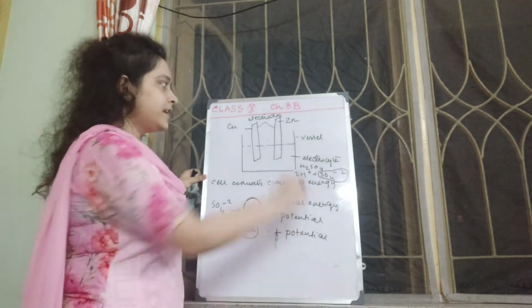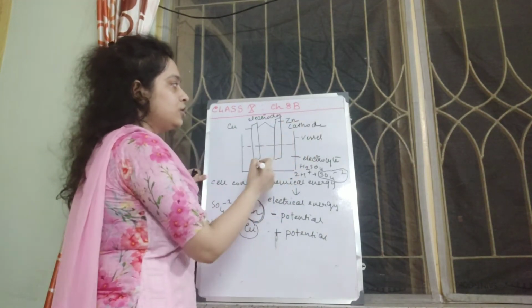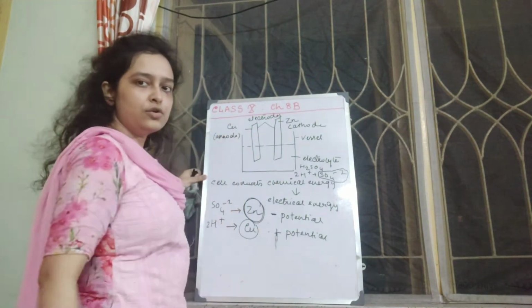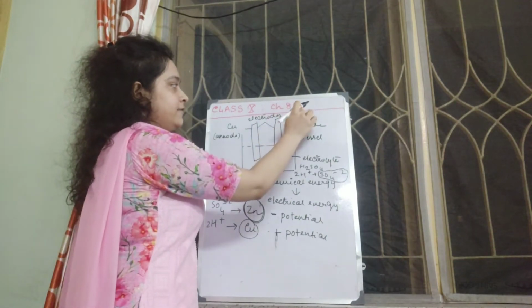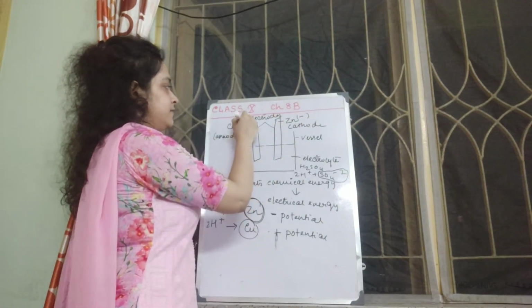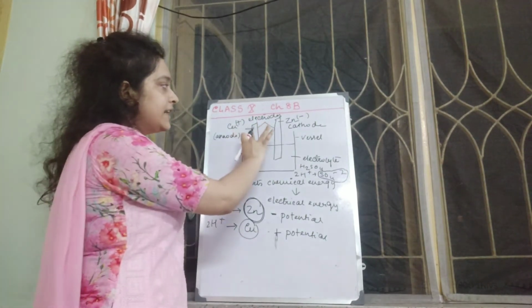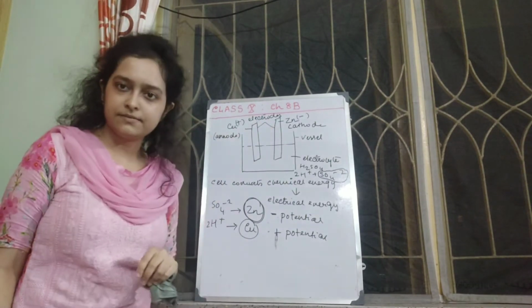Right? So we call this cathode, this anode. Negative, positive. See now, a difference in potential has been established between the two electrodes, isn't it?